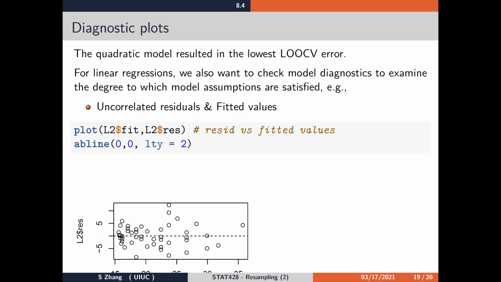And you also want the error terms to be independent. One way to check these assumptions is using a plot of the residuals against the fitted values.